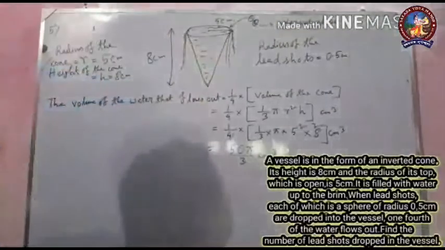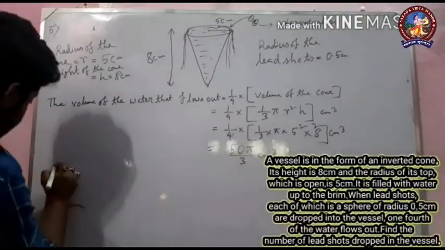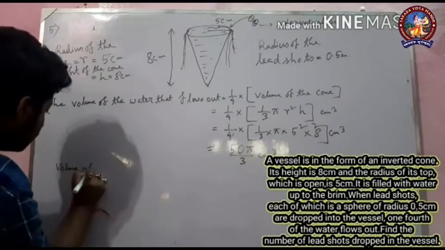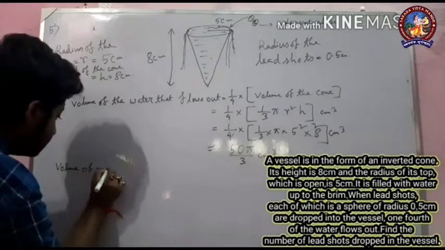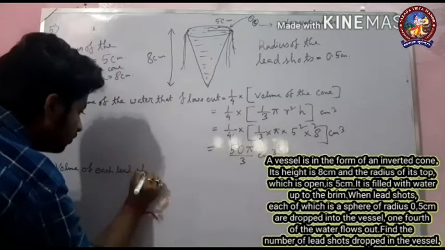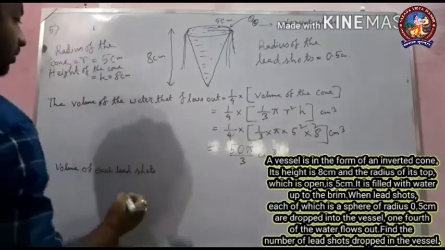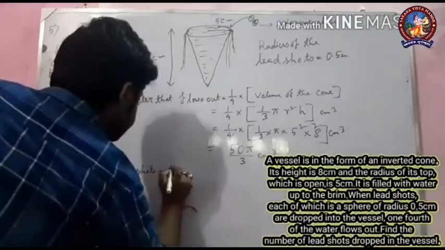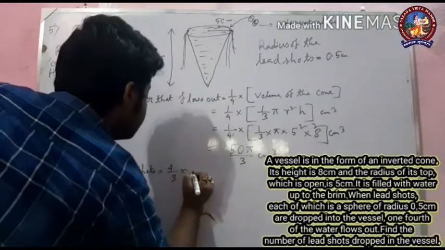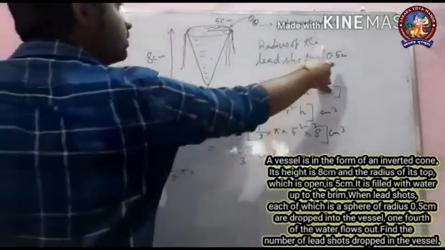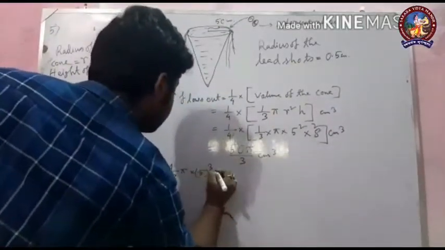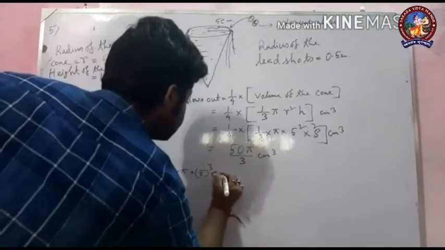So the volume of each lead shot will be 4/3 pi into r cube, that is 0.5 whole cube, centimeter cube.